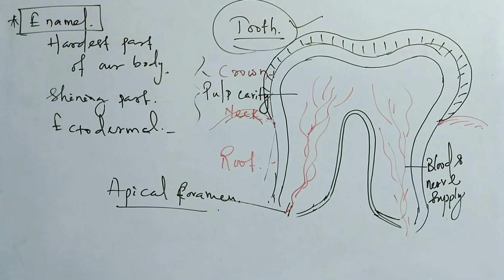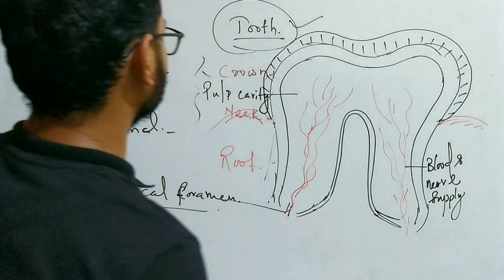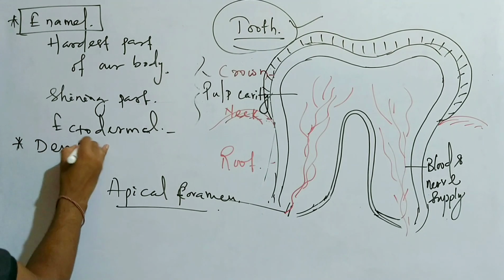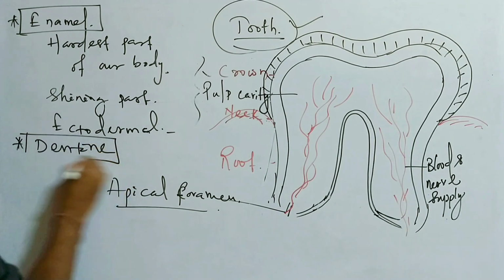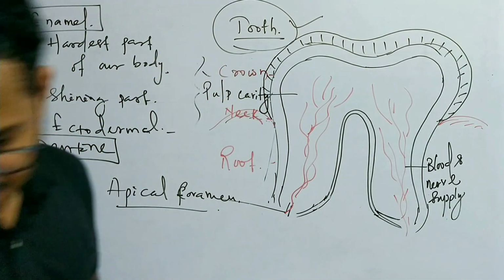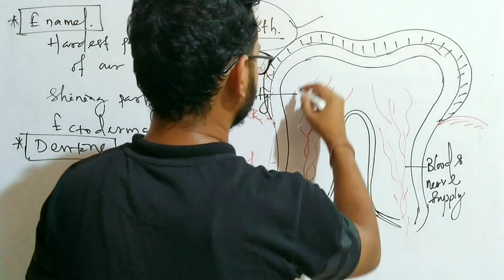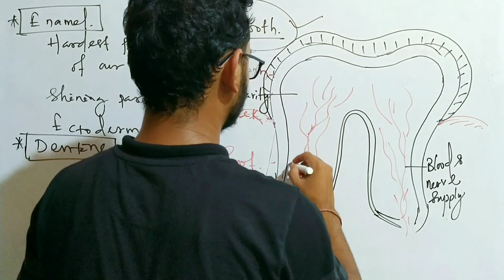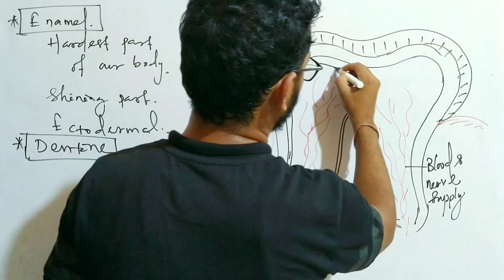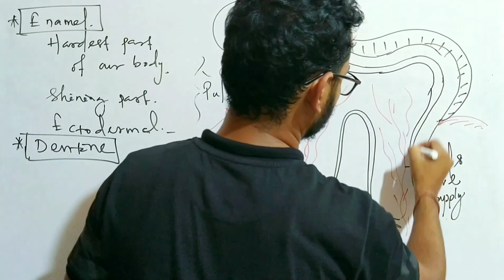Another term we need to know is the dentine. It is present throughout the structure of the tooth.